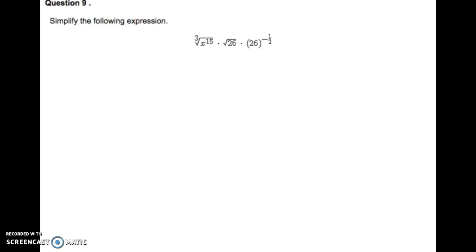In this problem, we're asked to simplify. We've got kind of a mess going on. We've got roots, we've got powers, we've got fractional powers. So let's just write everything as an exponent. So this x, the denominator of our power is going to be 3. And the top of our power will be 15. I'm going to fix that right away. 15 divided by 3 is 5. And it says times. Remember, in a square root, that's a 2, so that would be 26 to the 1/2.